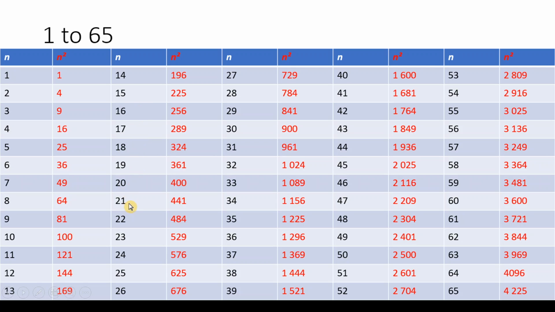But anyway, 21 squared is 441, 22 squared is 484, 23 squared is 529, 24 squared is 576, 25 squared is 625, and 26 squared is 676. 27 squared is 729, not 459, 729.